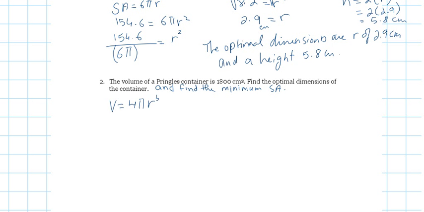So the volume is 1800 equals 4 pi r cubed. I divide by 4 pi. Make sure you put 4 pi in brackets. And you're going to get 143.2. And then cube root.